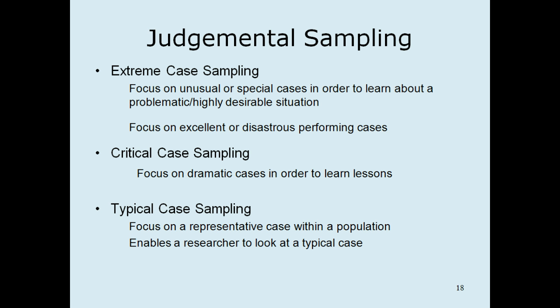They're doing all right, and they're the average. So we'll go and look at them because average is fine. We could maybe learn from companies and people that are just average, typical cases, because that would help the people at the bottom of the pile. So typical case sampling is another method of looking at the typical case within the population.